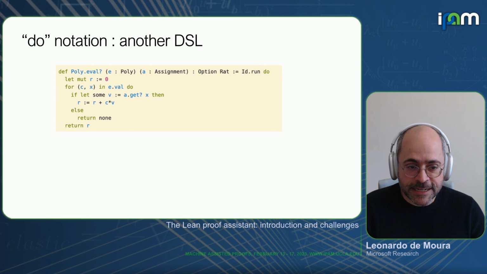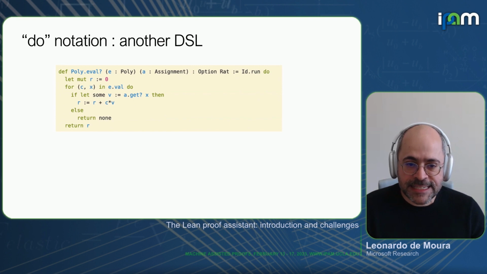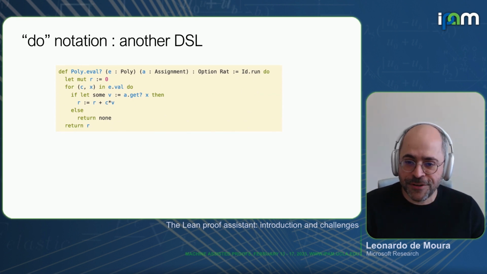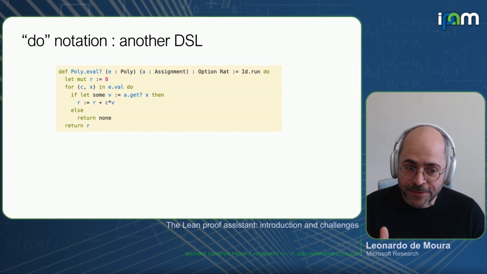For example, here we have the do notation, a domain-specific language that allows us, in a pure language like Lean, to write code that looks imperative. In this example, you have E, a polynomial, and A, an assignment, and you want to return an optional rational number as the result. We start by saying that you have R, a mutable variable, and we have a for loop traversing the polynomial.